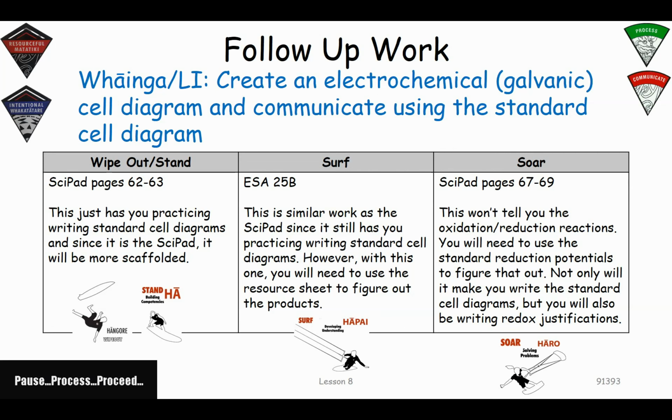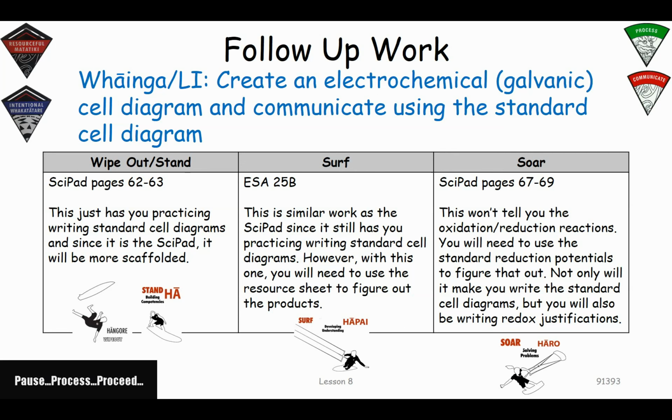Last thing then is for the SOAR SciPad pages 67 to 69. These ones are more challenging than the ESA guide because they do not tell you which is the oxidation or reduction reaction. Unlike the ESA guide, you will need to use the standard reduction potentials to figure out which is the oxidation, which is the reduction, and then you're also going to use that to figure out the pairs and what you'd expect to see happening.